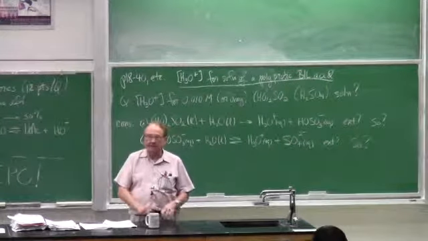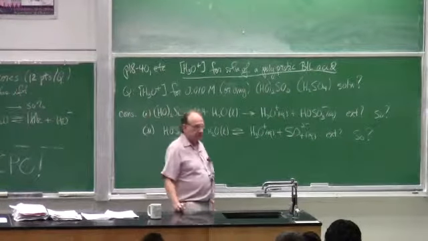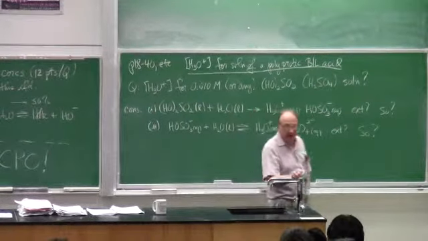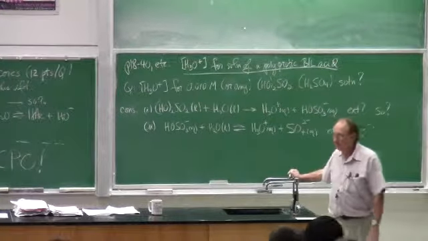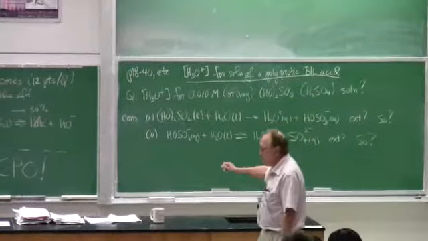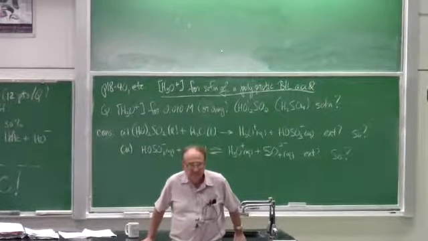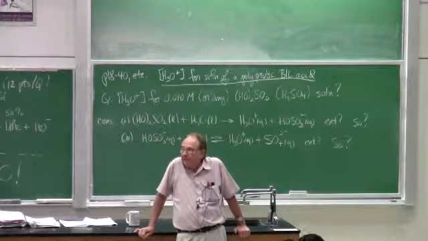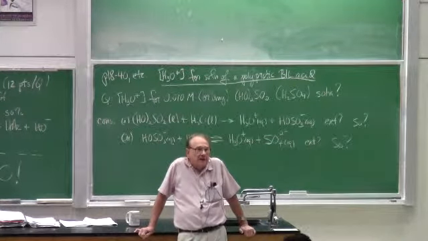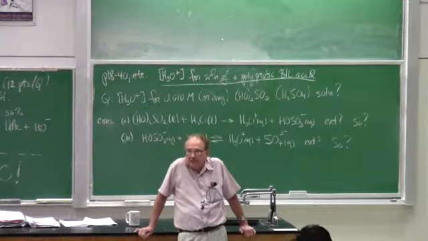What's a polyprotic acid? An acid which has the capability, on reaction with water, to give more than 1 mole of protons per mole of acid, the most common of which is sulfuric acid molecule.